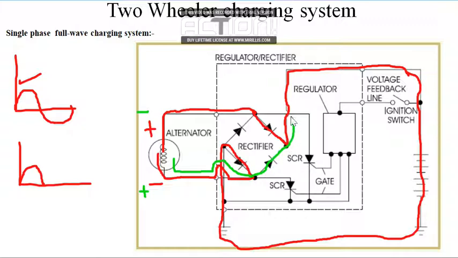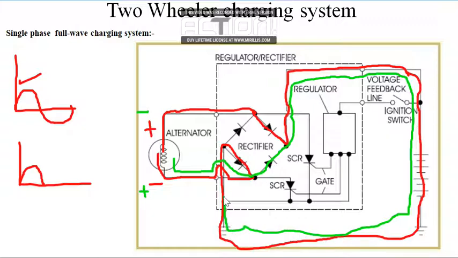It moves along this path, jumps here, passes to the battery, through this point, jumps here, through this diode, and it completes the cycle. So the negative cycle of AC also gets converted into a DC charging cycle.